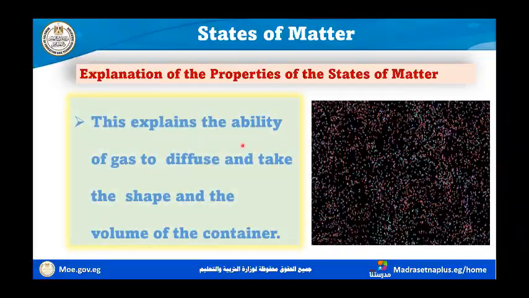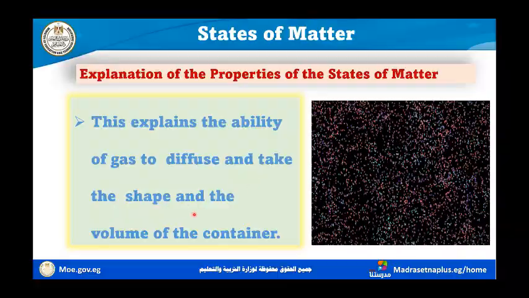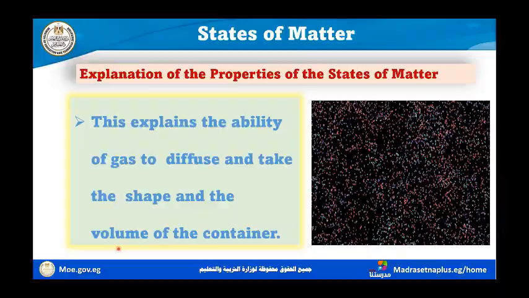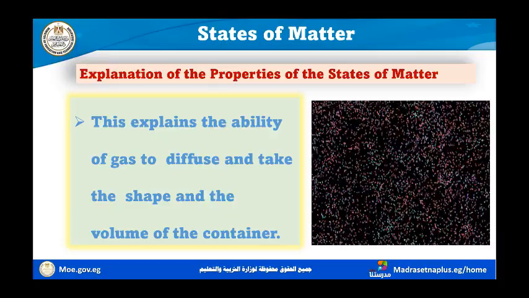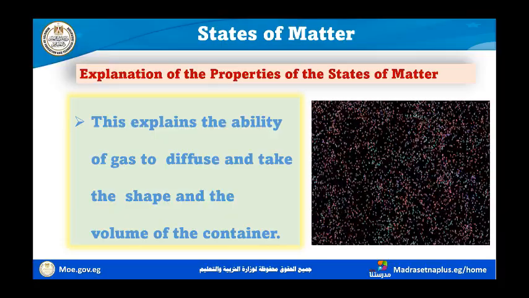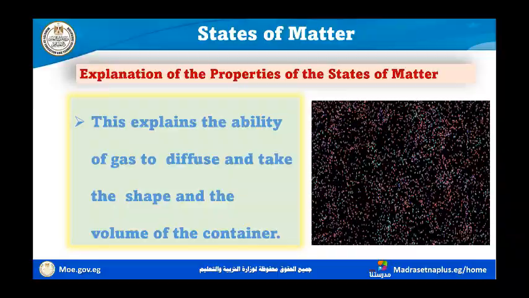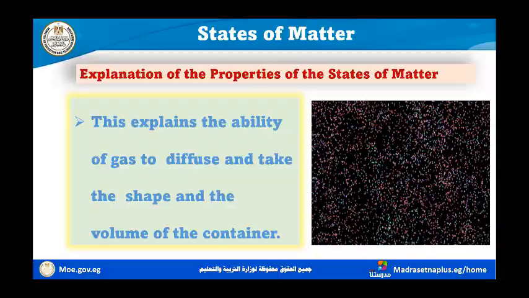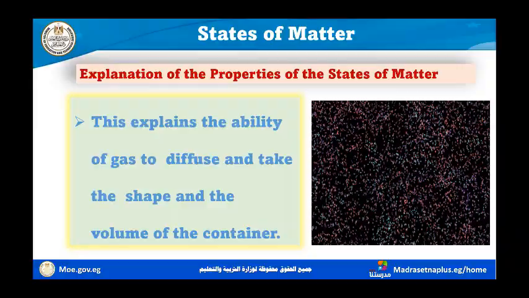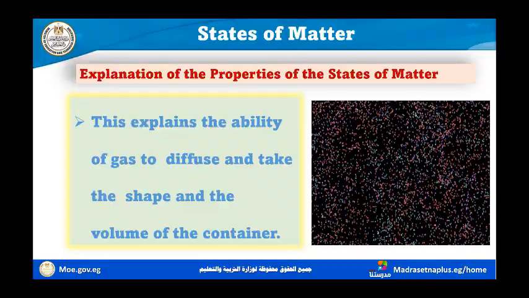This explains the ability of gas to diffuse and to take the shape and the volume of the container. This allows the particles of gas to take the shape of the container as they move in all directions in straight lines very freely, as we have explained in the Brownian motion phenomenon, and so they take the shape of the container.